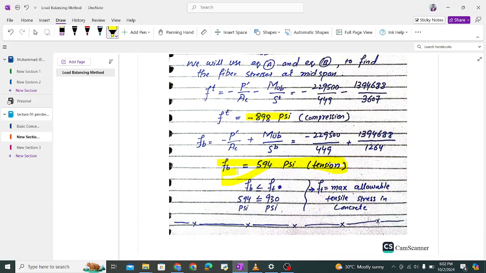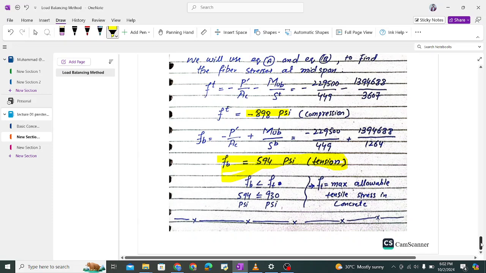So we have to apply a check for maximum allowable tensile stress in the concrete. The allowable tensile stress in the concrete is given, that is 930, and in our beam we have tensile stresses of 594. So we are in a safe zone. So we can say it's okay.